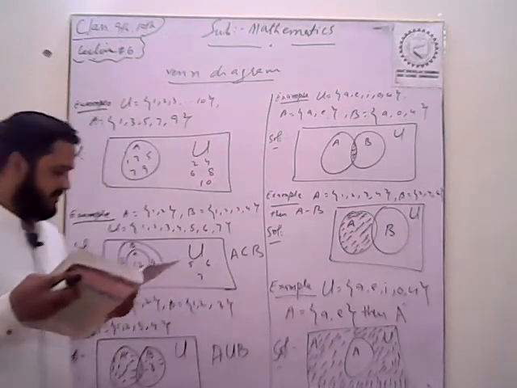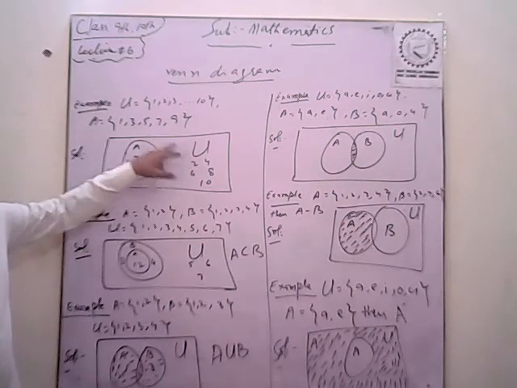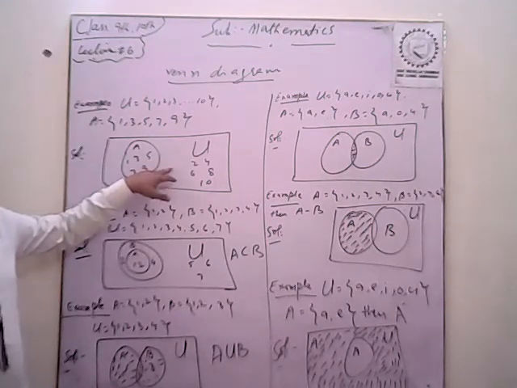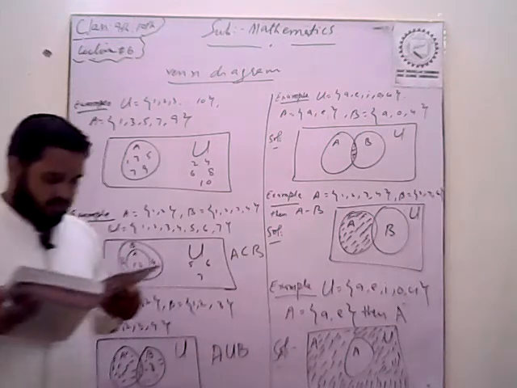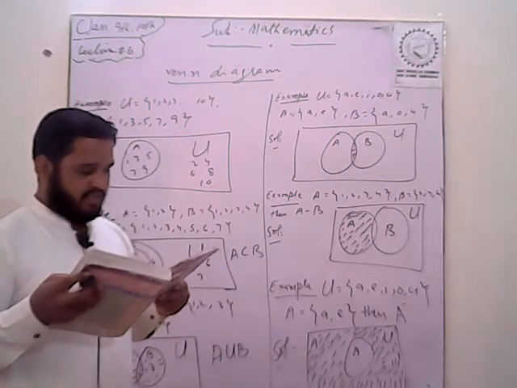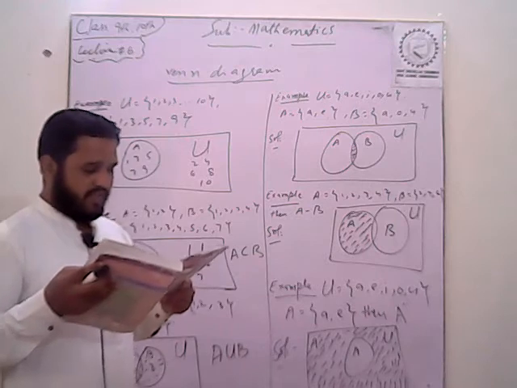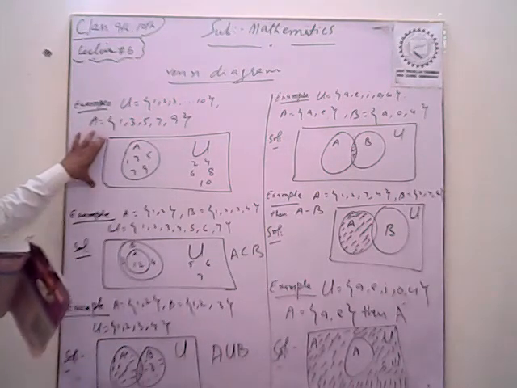under consideration. You can see on the board, this is a rectangular shape, and it represents U. U is the universal set, which contains all the elements in this figure. It is usually represented by a rectangular shape.